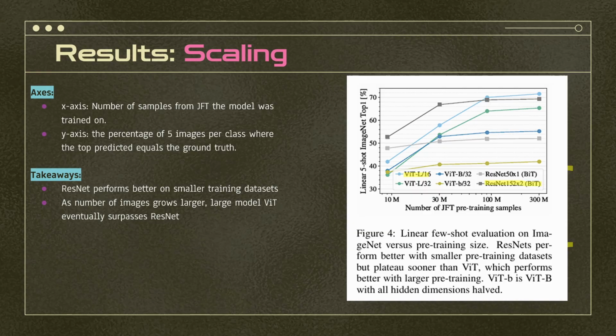It's called linear 5-shot ImageNet top 1%, and that's just a long, confusing name. The main takeaway here is that ResNet, our hybrid model, performs much better on smaller training sets, and that's the CNN in there helping it out. But as the number of trained images grows, the large ViT model eventually surpasses it.